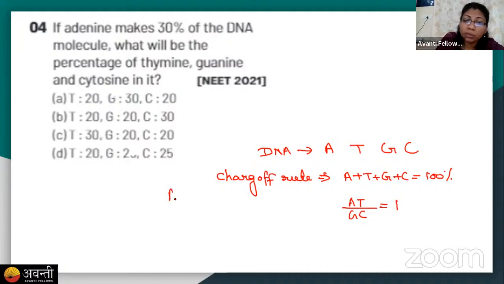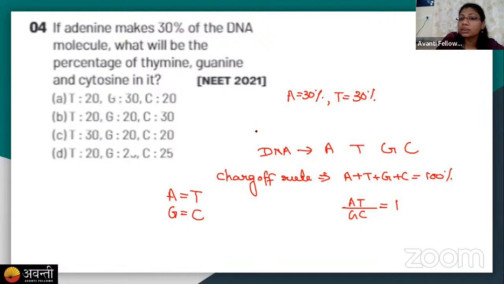That means whatever amount of adenine is present, that is equal to the amount of thymine. Whatever amount of guanine is present, that is equal to the amount of cytosine, because A pairs with T and G pairs with C. If A is 30%, that means T is also 30%.